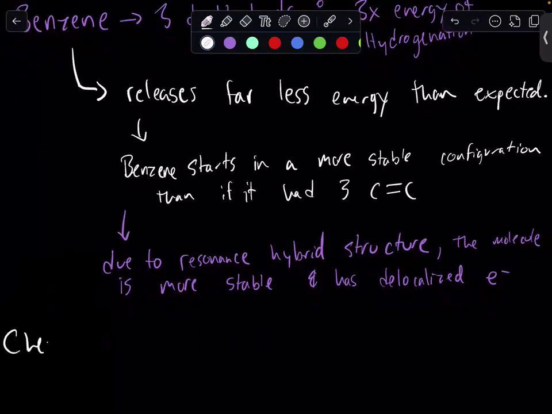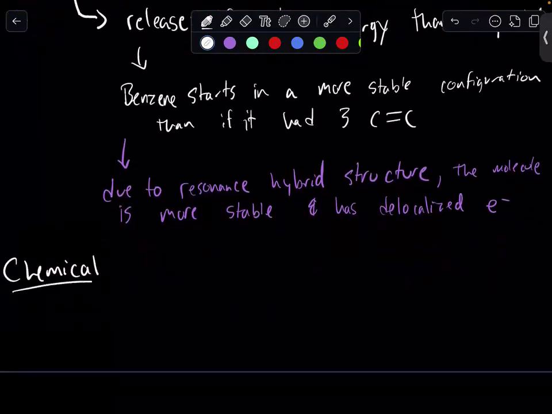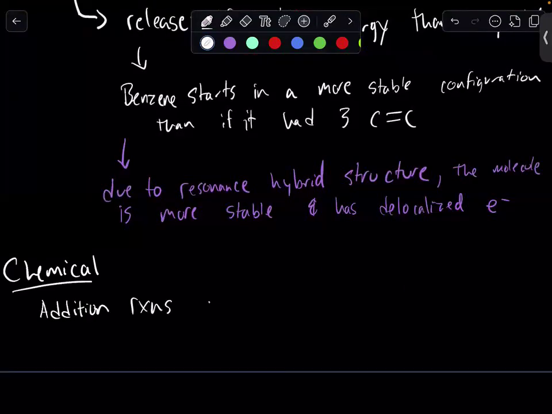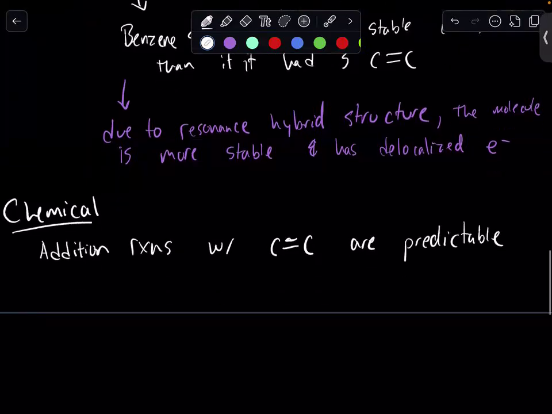One other chemical property we know, or chemical reaction that provides us evidence, so chemical evidence, is that we have this thing called addition reactions. Carbon-carbon double bonds are predictable. Again, very much like we saw with hydrogenation, an example of a carbon-carbon double bond addition reaction would probably be something like this.